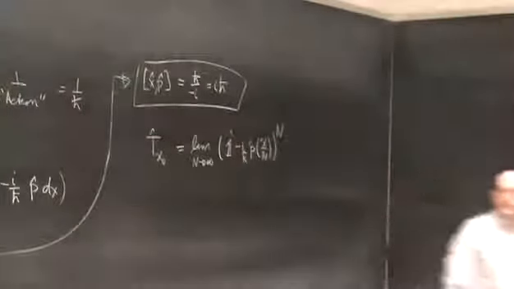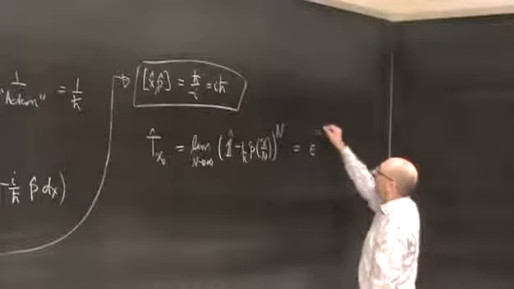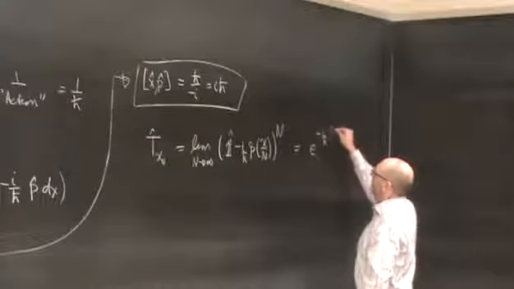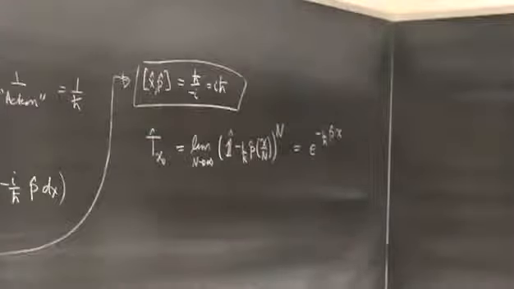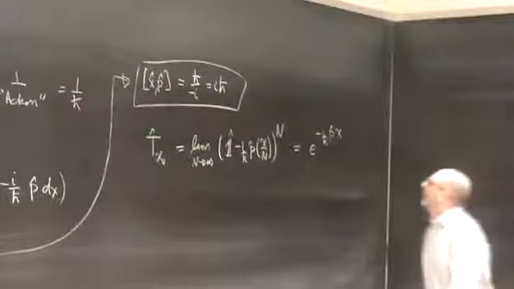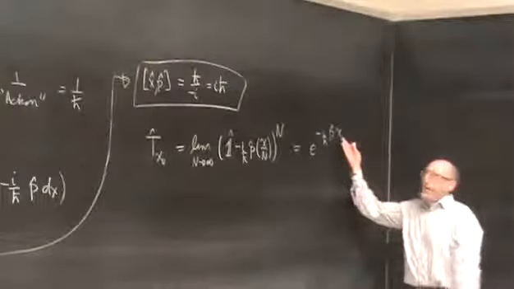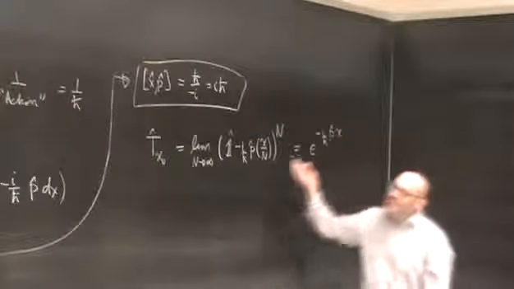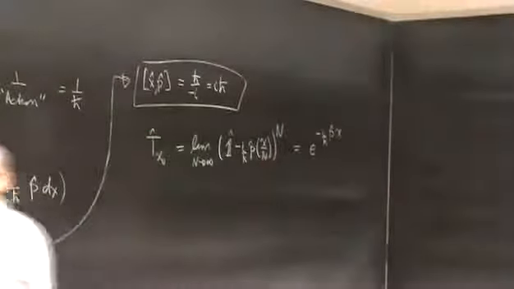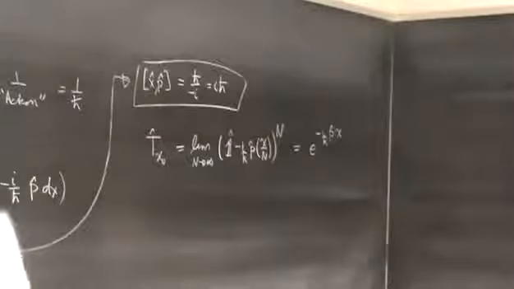This goes to infinity, but then I do it n times, and this is e to the minus I over h bar p x. So that's the translation by a finite amount x, and if x becomes a differential, when I expand this as a power series, I get that.